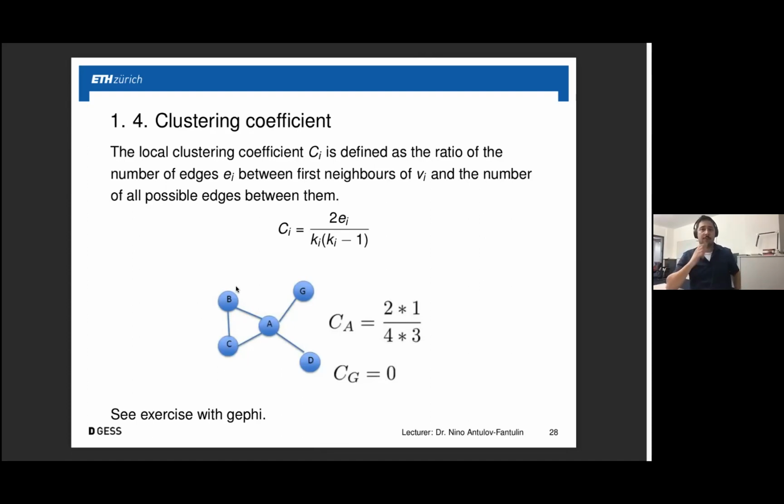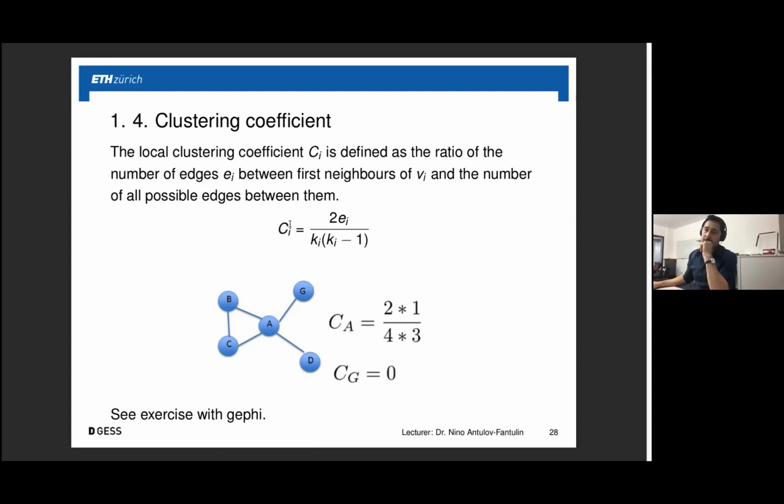It's called the clustering coefficient. The clustering coefficient tells us, in our first neighborhood, how many nodes are also friends to each other, that also have connections. Or more formally, out of all possible edges that we could have in our first neighborhood, we want to see how many we really have.